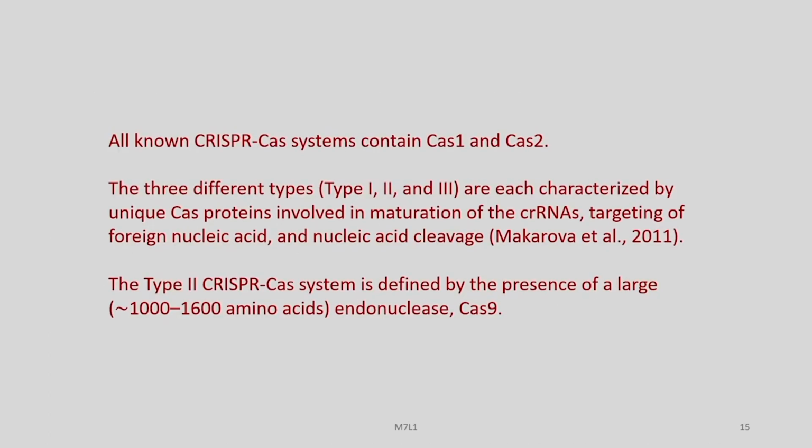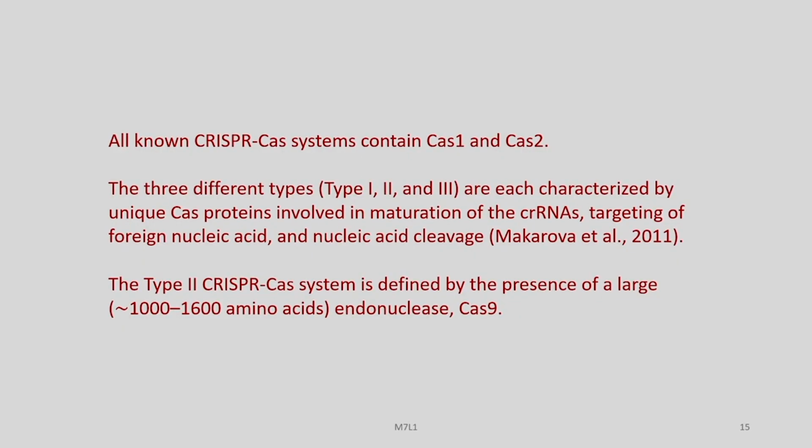As we have already shown, the Cas1 Cas2 system selects the fragment of DNA to be incorporated into the CRISPR-Cas loci, and today we know that all known CRISPR-Cas systems contain these two proteins, Cas1 and Cas2. The 3 different types 1, 2 and 3 are each characterized by unique Cas proteins involved in maturation of the CRISPR RNAs, targeting of foreign nucleic acid and nucleic acid cleavage.